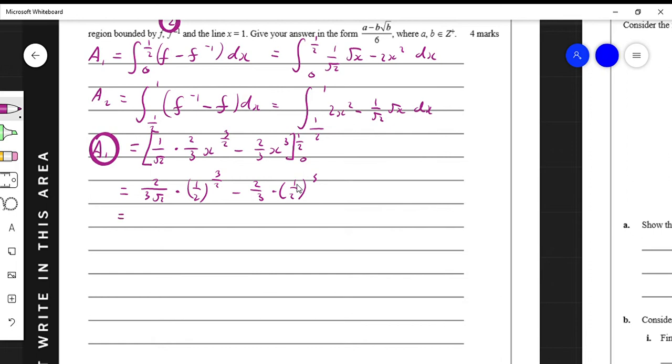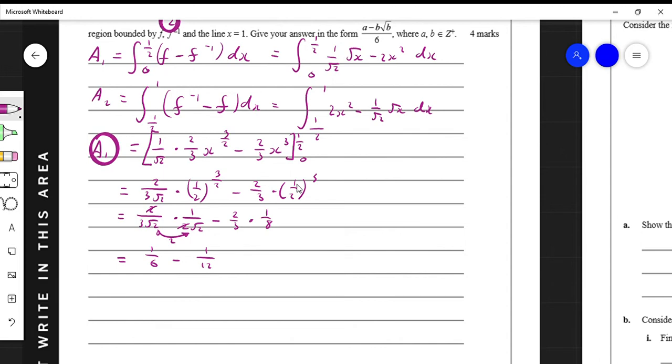Equals 2 on 3 root 2 times 1 on 2 root 2. So I've done 2 cubed on the bottom here, which gives us 8. So take the square root, gives us the square root of 8, which is the same as 2 times the square root of 2. We go minus 2 on 3 times 1 on 8, because 2 cubed is 8 and 1 cubed is 1. Equals 1 on 6, because I'm cancelling out these 2's, and these 2's multiplying to become 4, so it's just 3 times 2 on the bottom, minus 1 on 12.